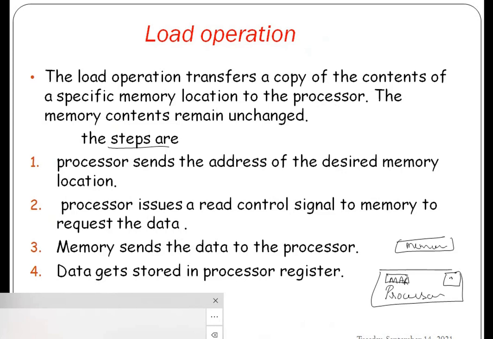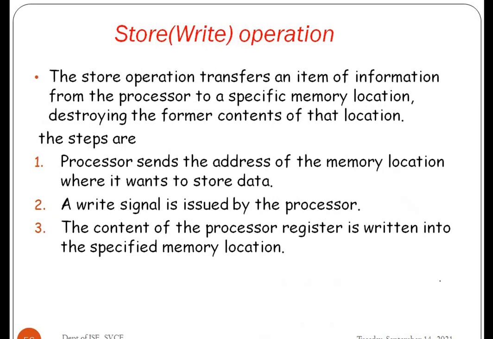The control unit generates the read control signal and sends it to the memory. With this address and control signal, the memory is able to send the data to the processor, and that is stored into MDR. The data gets stored into the processor register. This is how the load operation takes place.